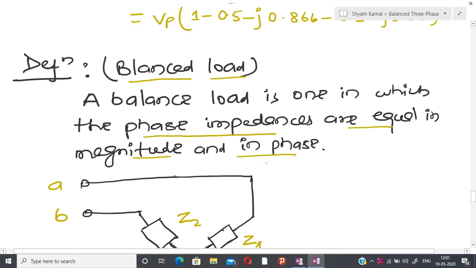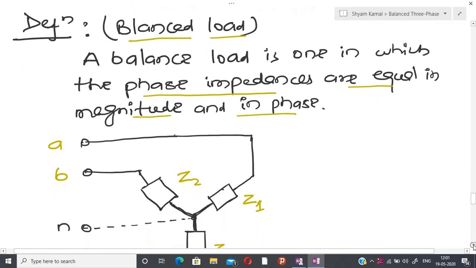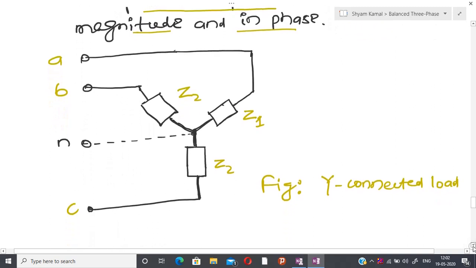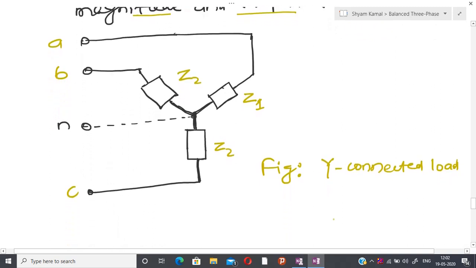So that is the meaning of the balanced load. And again if you see the topology, same kind of topology like the source, I have two different kinds of topology. One topology is called the Y connected load. This is the diagram of a Y connected load. Again here you can see that I have one neutral line if I am talking about the Y connection.